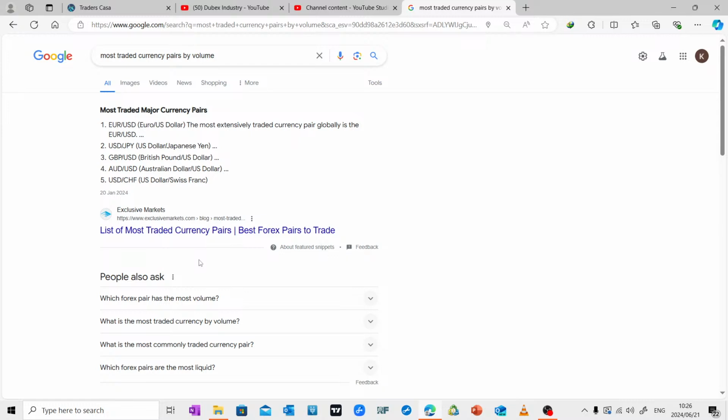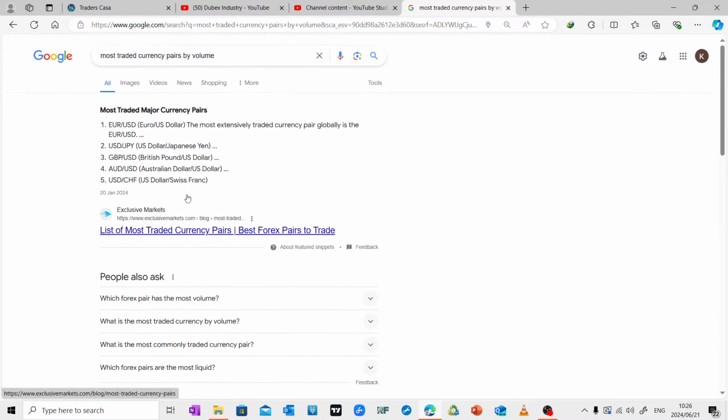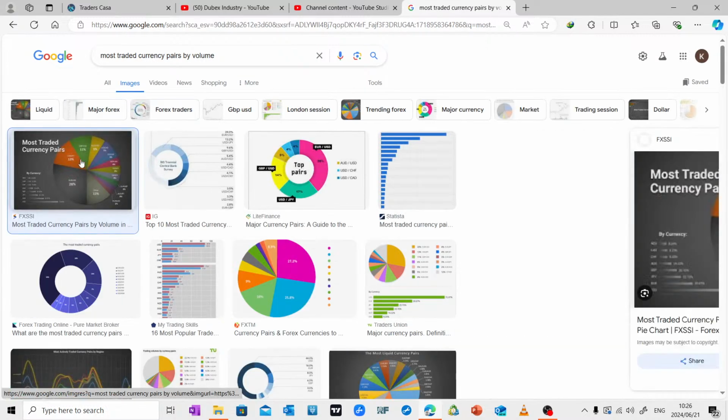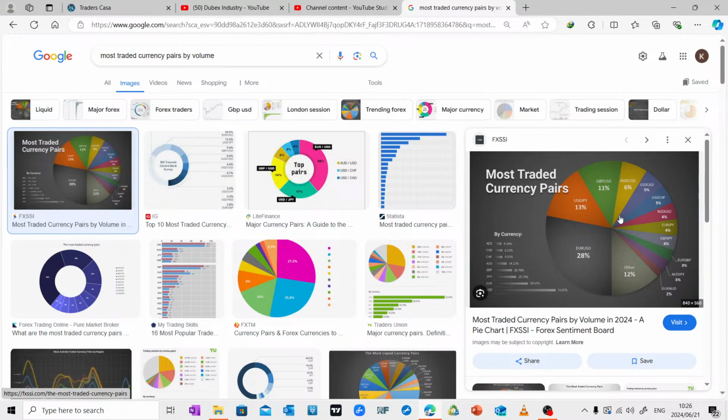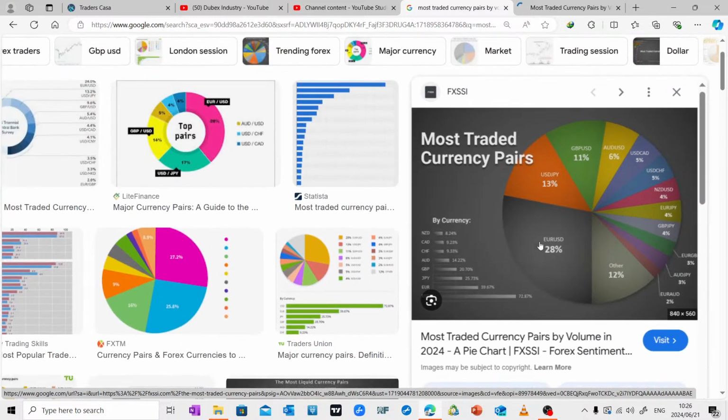If you look at the volume metrics, you can see that the most traded pair by volume is the Euro USD, followed by the USD JPY, then GBP USD, AUD USD, and then USD CAD.